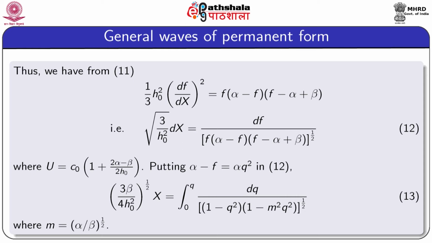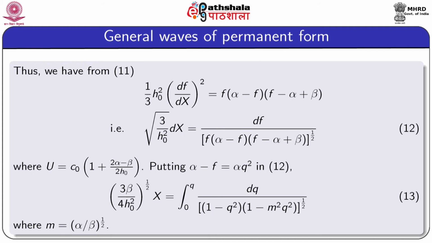Now, to find the value of this integral, we put alpha minus f as alpha into q square. Now, we are changing the variable from f to the variable q. With this substitution, the integral on the right hand side becomes dq by 1 minus q square into 1 minus m square q square whole to the power half, where m is equal to alpha by beta to the power half.